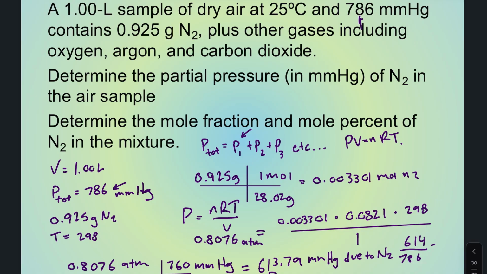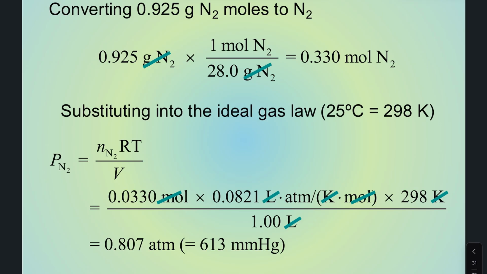We end up getting a mole fraction of 0.781, which is 78.1% nitrogen. And we can see that again right here.